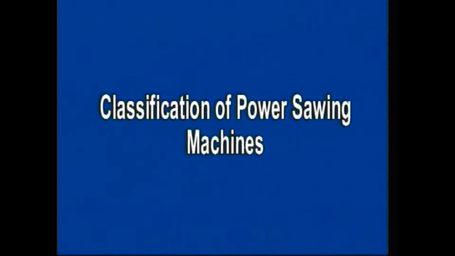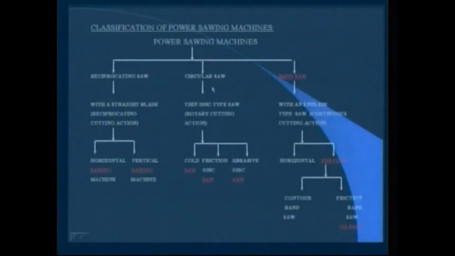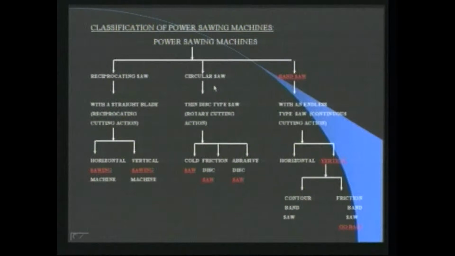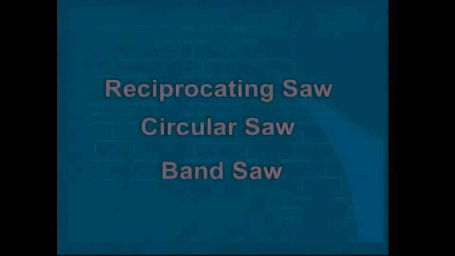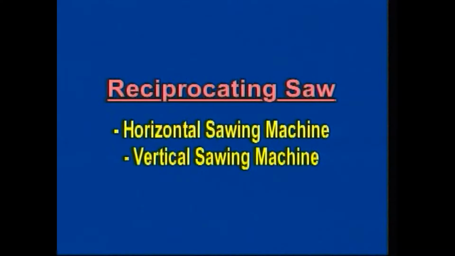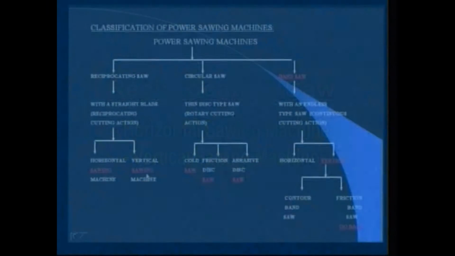Next, we classify various power sawing machines. Power sawing machines are broadly classified as reciprocating saw, circular saw and bandsaw. Reciprocating saws are further classified as horizontal sawing machines and vertical sawing machines.